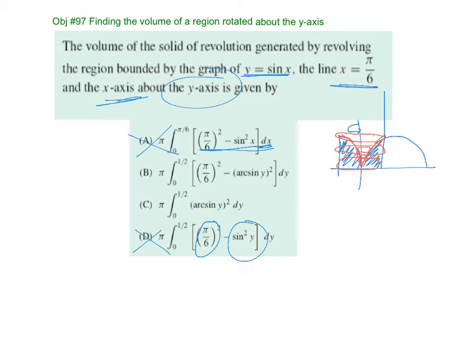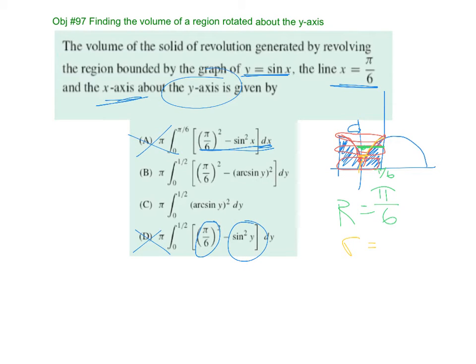All right, so we need our big R, little r, right? Because there's a gap here, what's our big R? Our big R is pi over 6, right? That distance is our pi over 6. Little r is this distance. That's the sine curve.